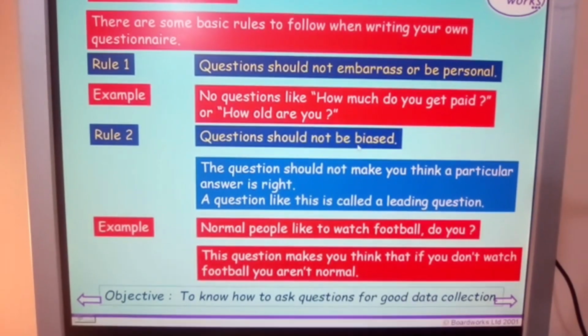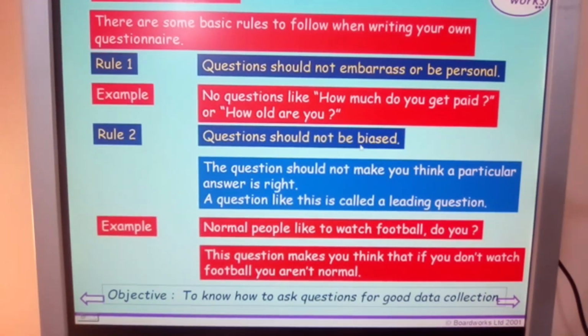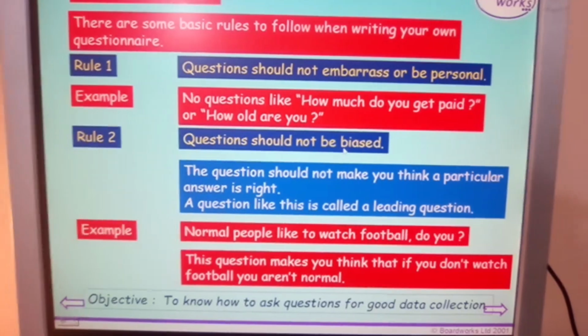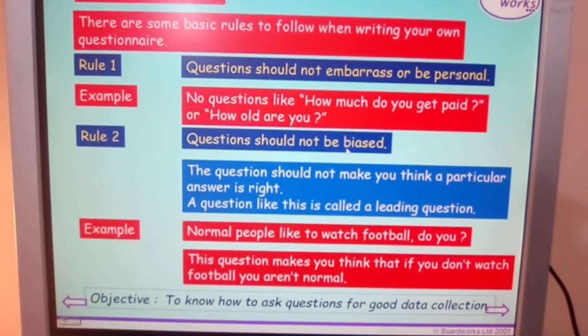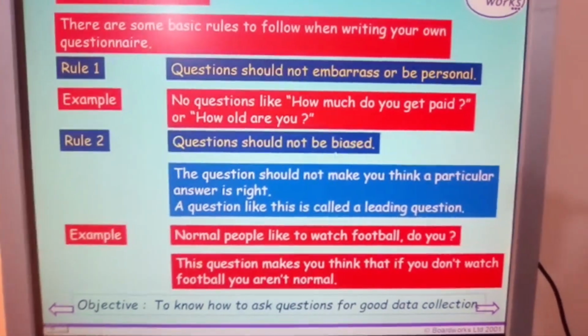The question should not make you think a particular answer is right. A question like this is called a leading question. Example: normal people like to watch football, do you? This question makes you think that if you don't watch football, you are not normal, which is rubbish, of course.